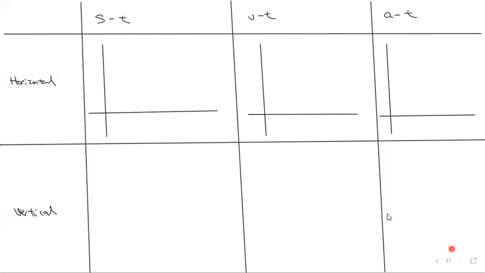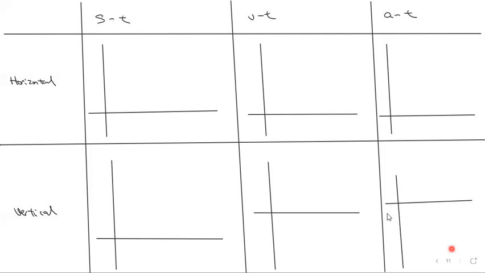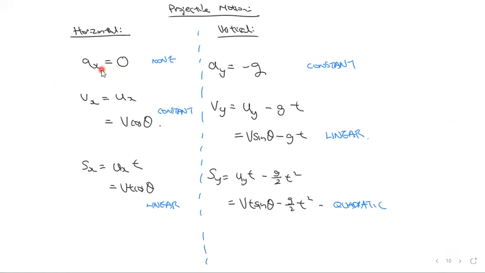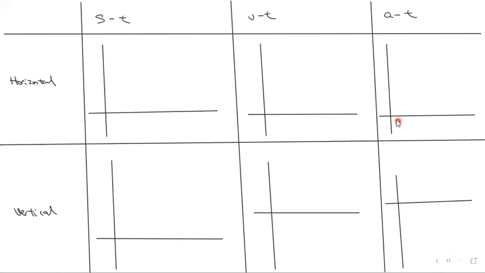Now, remember from the earlier page, we said that your horizontal over here has no acceleration, yes? So what that then means for your AT graph is, well, very simple. There's no acceleration. It's 0, as expected. And that's your AT graph in the horizontal direction.